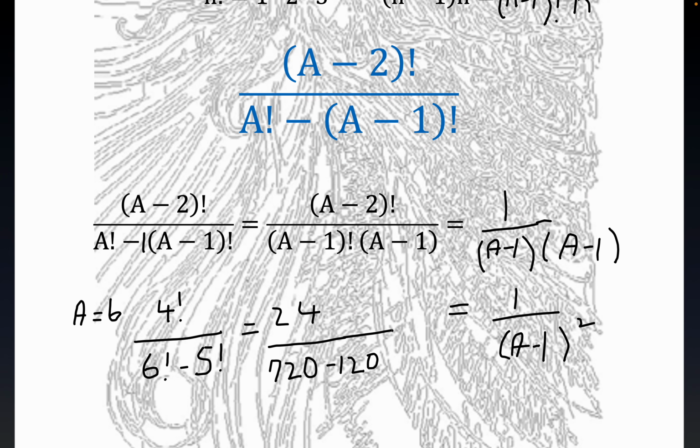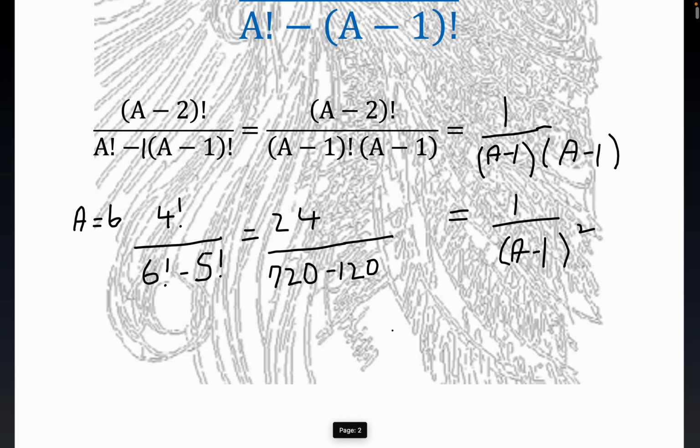Okay. Now let's keep going here. Ladies and gentlemen, I see that we would have 24 over 600. 720 minus 120 is just 600, right?